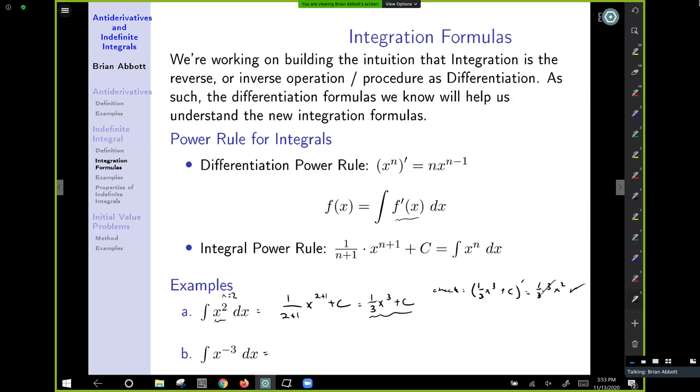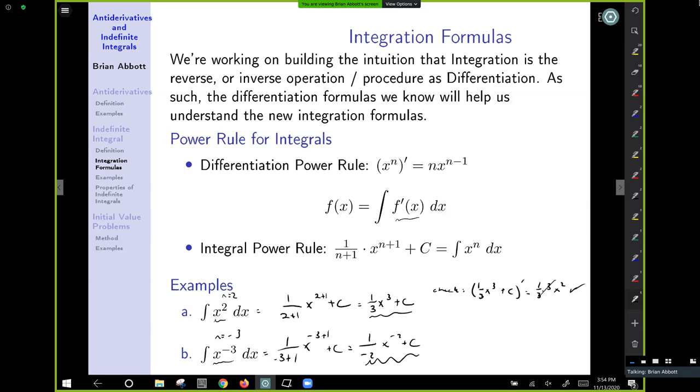So the integral of 1 over x to the negative third power would be 1 over, in this case n is equal to negative 3, plus 1, x to the negative 3 plus 1 power, plus c, which is equal to 1 over negative 2 times x to the negative second power plus c. So the question is, does that expression have derivative x to the negative third power?